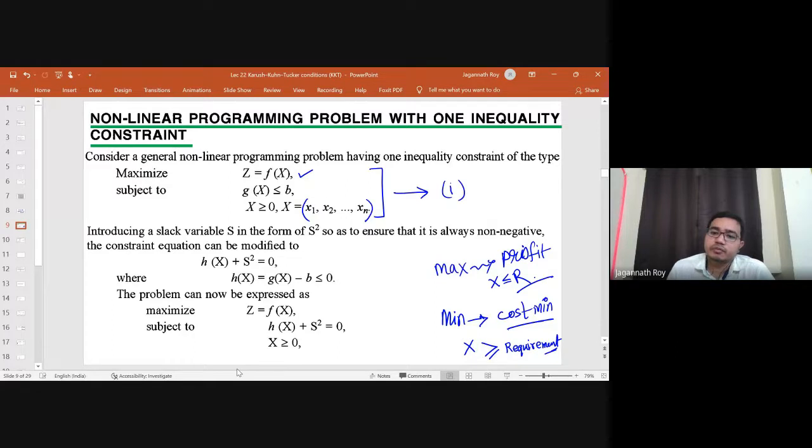That is why whenever we talk about minimization, the criteria will become greater than type, and whenever we talk about maximization, the criteria will be less than type. This is by default the nature of optimization problems.